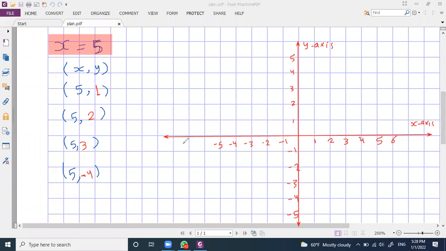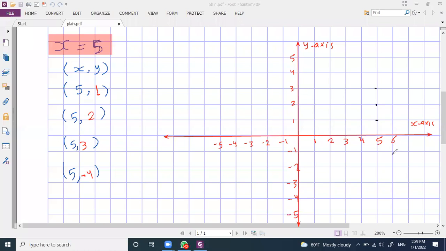So plot the points. The first ordered pair is (5, 1). Go across to 5 on x and move up 1. Then (5, 2): 5 again on x and 2. And (5, 3).